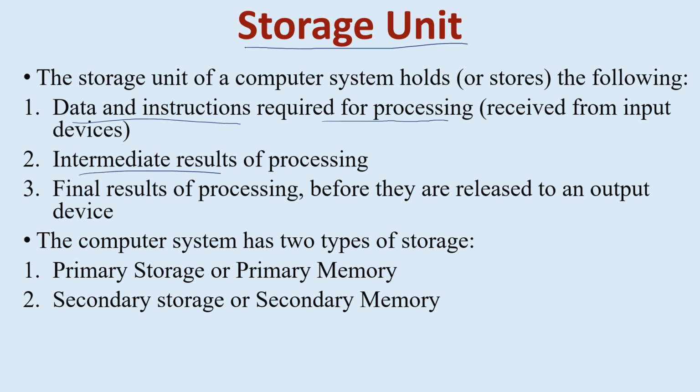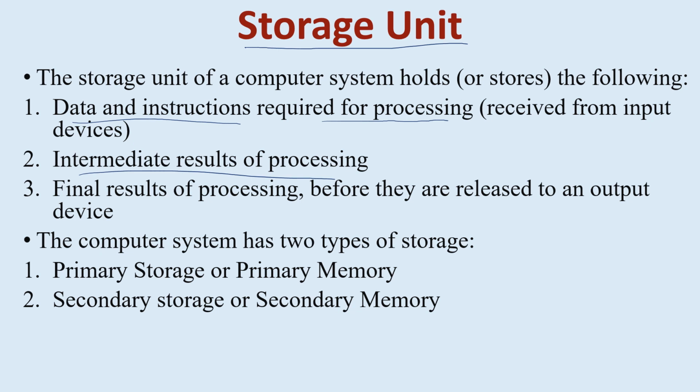Then intermediate results of processing: whenever a computer performs any calculation, some intermediate results are generated, so the storage unit holds those intermediate results. Then the final result of processing before it is released to an output device. The storage unit also stores the final result of an operation or calculation before that final result is provided to the output device.